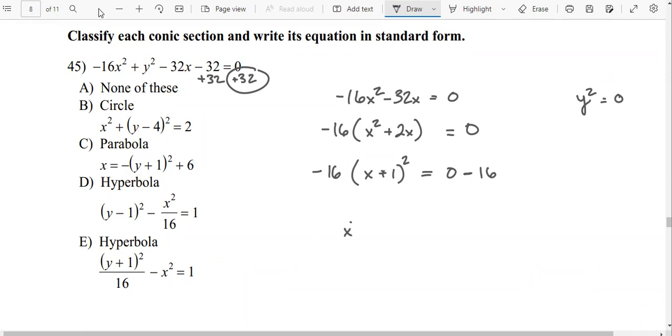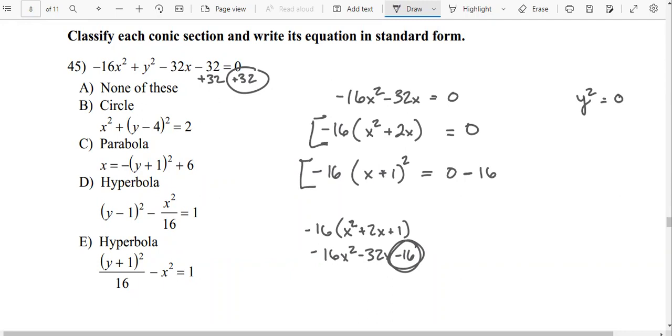If you don't believe me, if we were to multiply x plus 1 times x plus 1, we would get x squared plus 2x plus 1 all times -16, which would be -16x squared minus 32x minus 16. See, there's a -16 that pops up when I go from this line to this line.